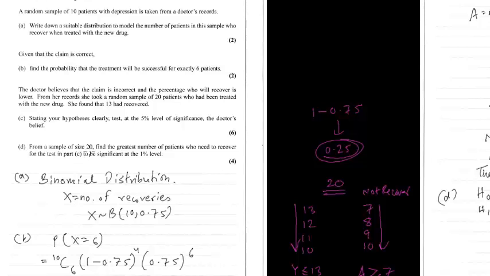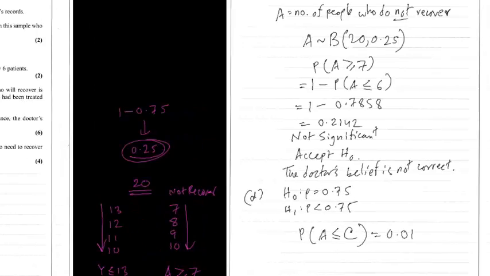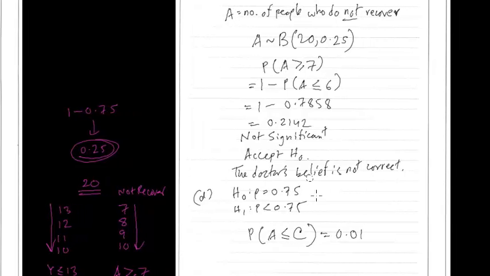So sample size is 20. So this is the null hypothesis, this is the alternate hypothesis, and since it is a sample of 20, the distribution is going to be binomial, n equals 20, p equals 0.75.